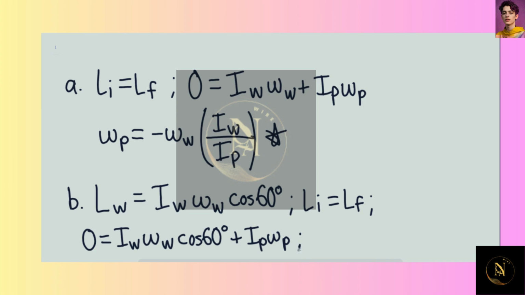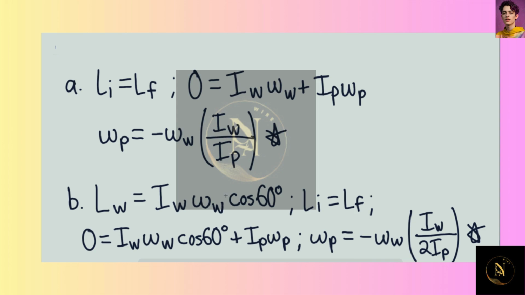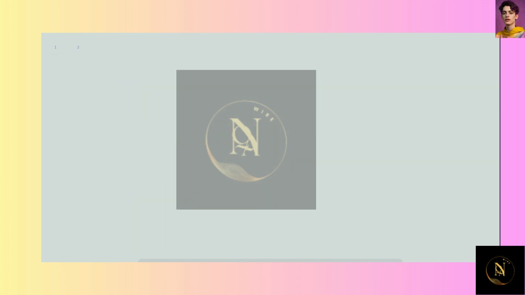Again, the angular velocity of the platform equals the negative angular velocity of the wheel multiplied by the moment of inertia of the wheel divided by 2 times the moment of inertia of the platform. This is your answer for part B. Here, the negative sign means the platform is rotating in the opposite direction of the wheel. Of course, that applies to part A as well.